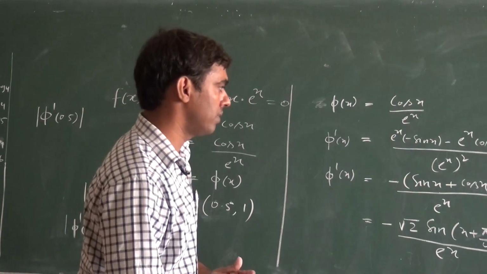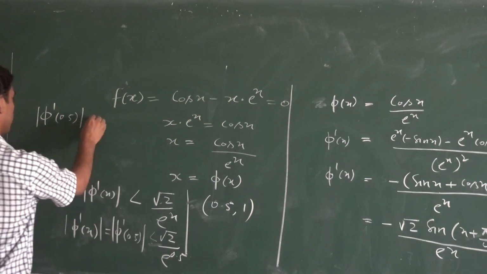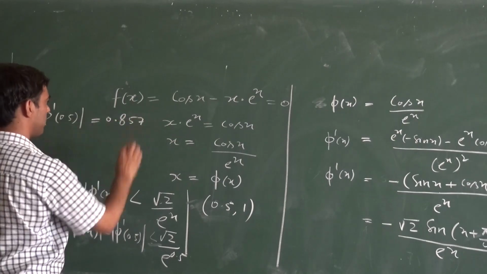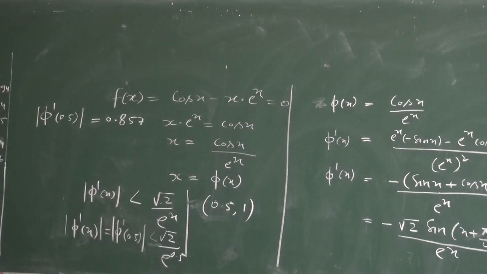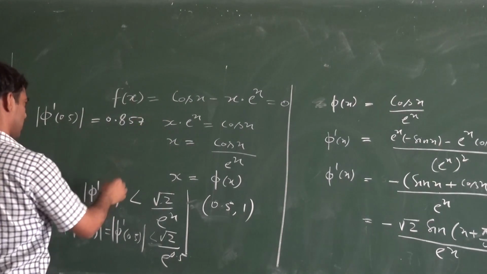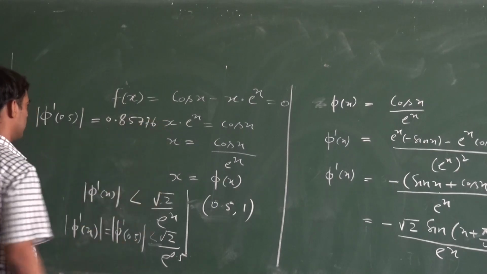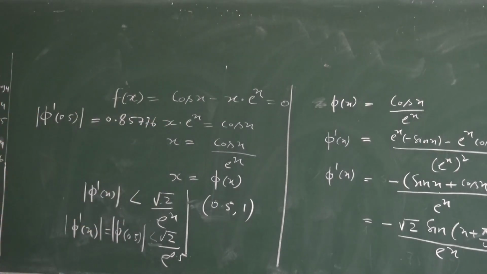Already we calculated this value. This one is 0.857, up to 3 decimal places 0.8577. So this is less than 1.